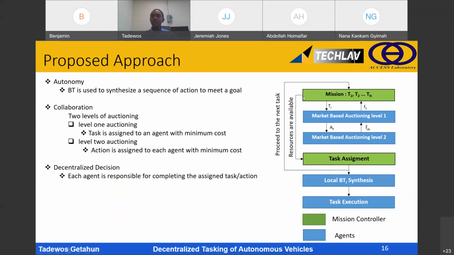Once the mission controller receives the costs, it will assign the task to the agent that provides the minimum cost, as shown by the arrow. Once the task is assigned, the mission controller can go to the next task assignment. But the agent that the task is assigned to has to synthesize a behavior tree and execute it to meet the goal of the task.